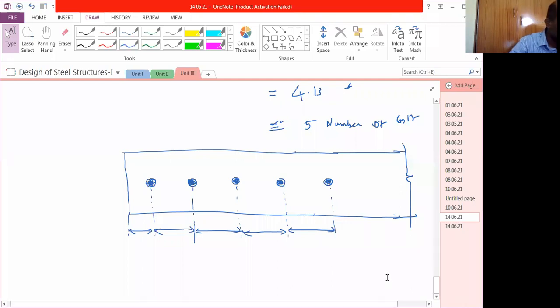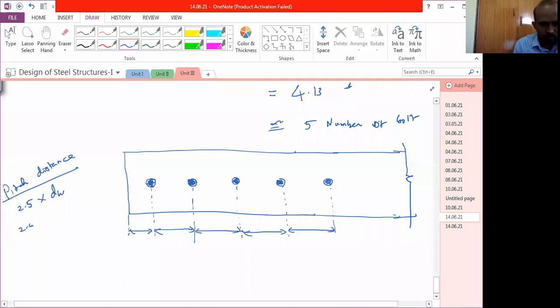So what is the edge distance and pitch distance you provide? Normally, how to provide the pitch distance? Anyone could remember? 2.5 times the bolt hole diameter, right?